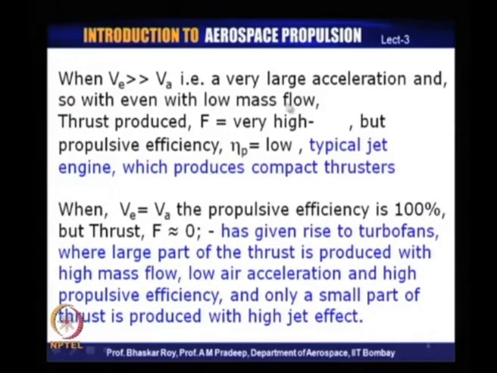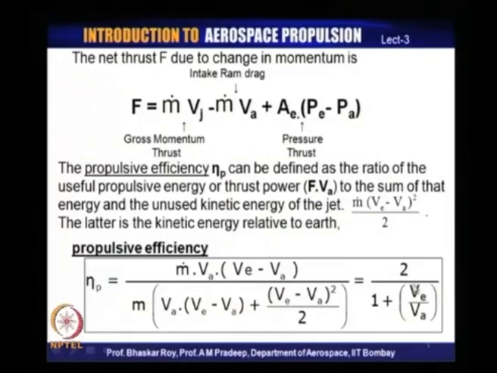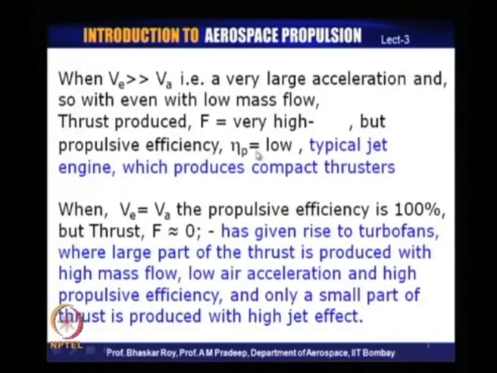You could get a reasonably good amount of thrust produced, but in such a case the propulsive efficiency is going to be low, because this ratio is now rather big, and the denominator here is going to be much higher than the numerator, which is 2, and the propulsive efficiency thus would come out to be somewhat on the lower value.